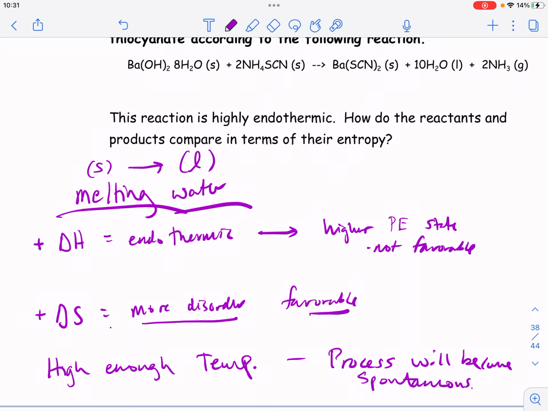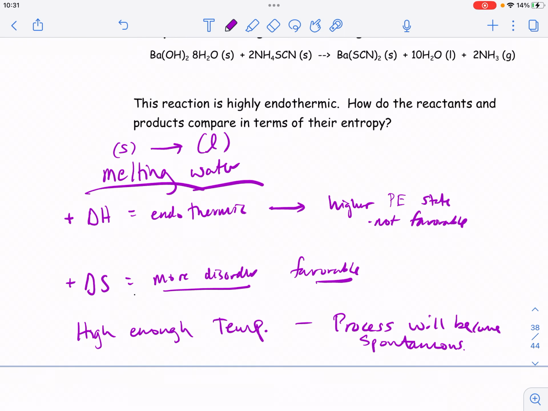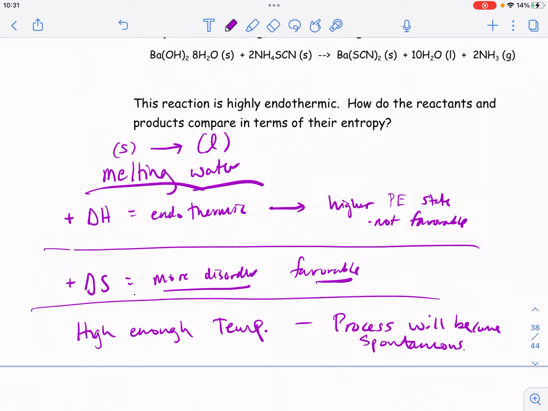And if we have too low a temperature, then this process won't be spontaneous. We know that from our everyday experience, that ice will only melt if the temperature is high enough. And so we're going to see that there's an equation that combines these three factors, the delta H, the delta S, and the temperature, and allows us to figure out whether or not a process is spontaneous with an actual calculation.